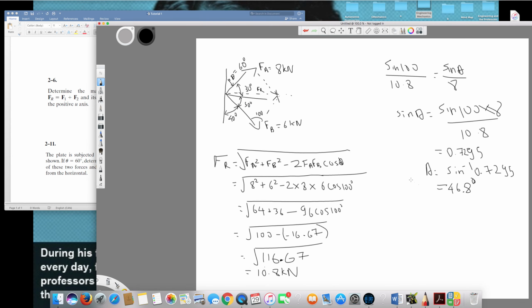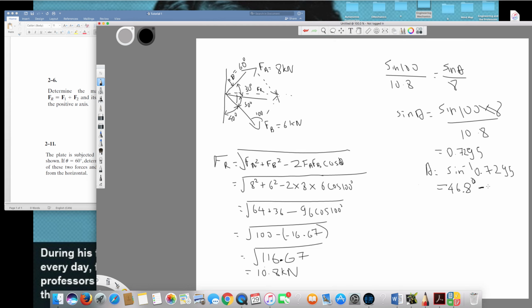If they say from the horizontal, we have to deduct 50, because we measured the whole angle right here, the whole angle of 50 and whatever the angle is.